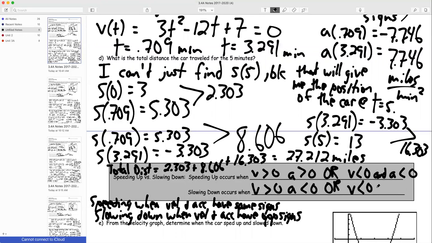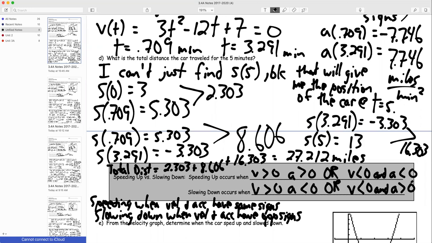Velocity less than 0 and acceleration greater than 0. You must justify them like this in terms of the velocity and the acceleration to get full credit.